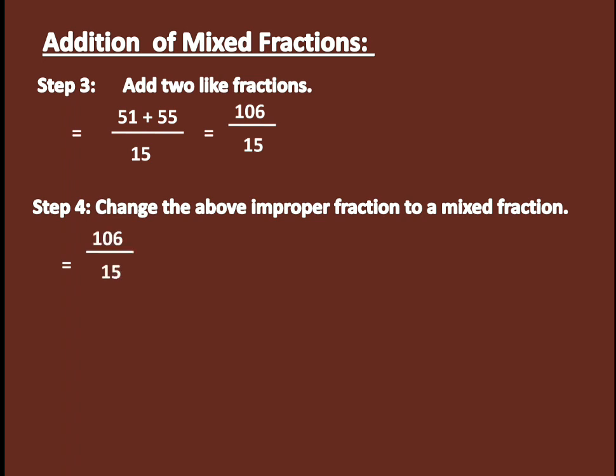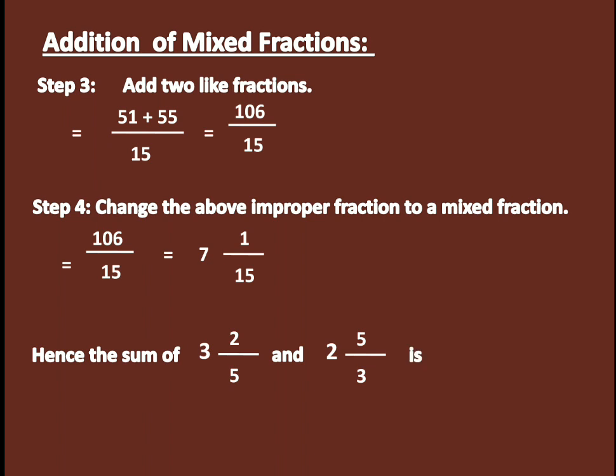So 106 by 15 is equal to 7 whole 1 by 15. Hence, the sum of 3 whole 2 by 5 and 2 whole 5 by 3 is equal to 7 whole 1 by 15.